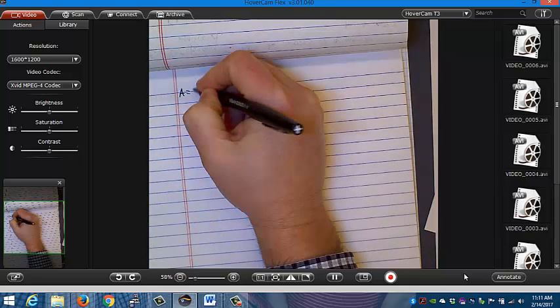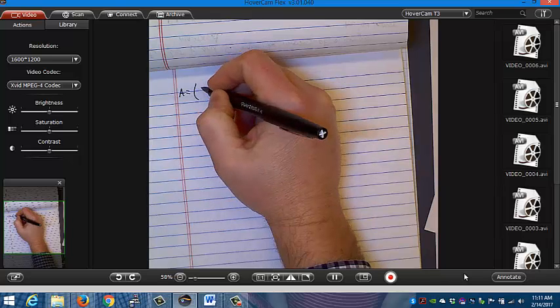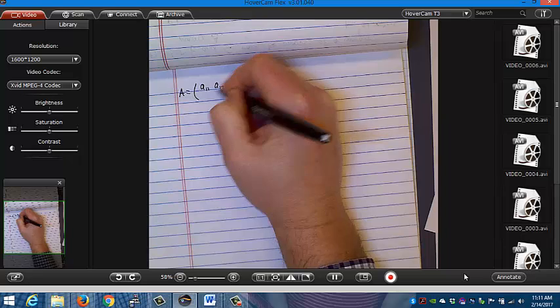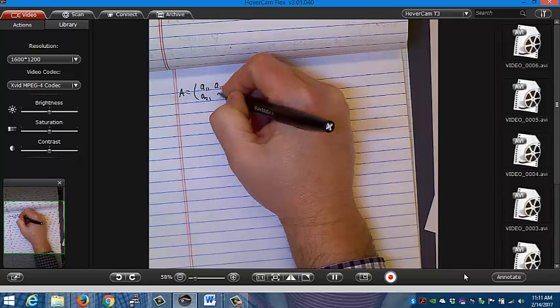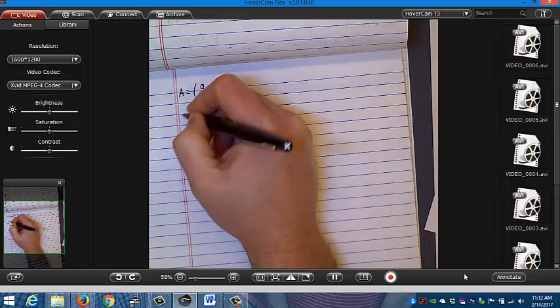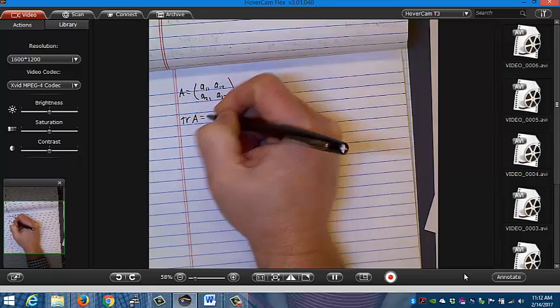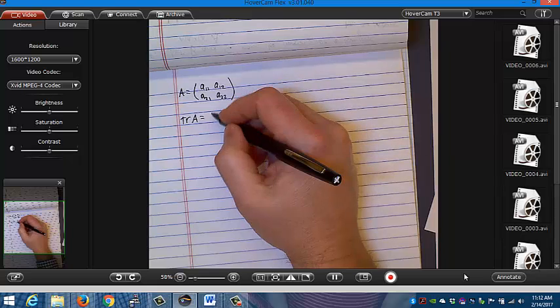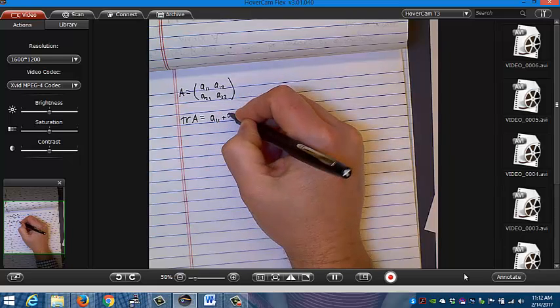The point was that if I say A is the matrix A11, A12, A21, and A22, then the trace of A is A11 plus A22. You don't need sigma notation if you just have a 2x2 matrix. You do if you have a huge matrix.